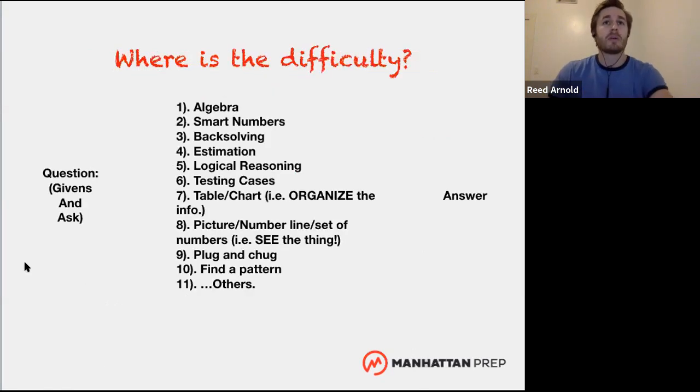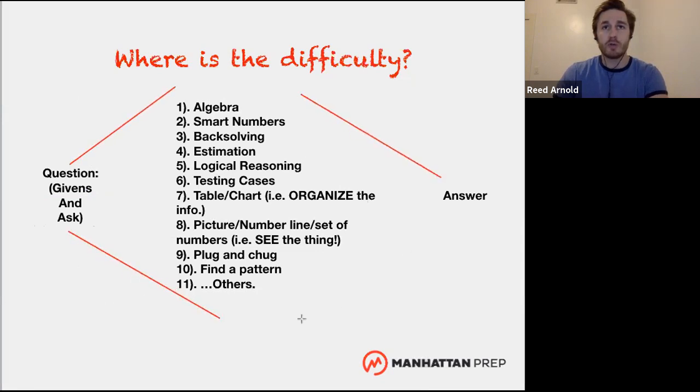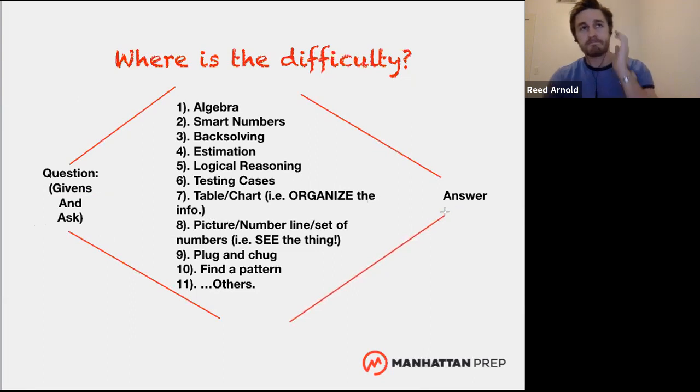And the other thing I want you to think about today and moving forward as you study is identifying where the difficulty is in a problem-solving question. A problem-solving question is straightforward. There's a question where they give us some information and they ask a problem. You will go from that question into a strategy, and then you will hopefully go from that strategy to an answer.